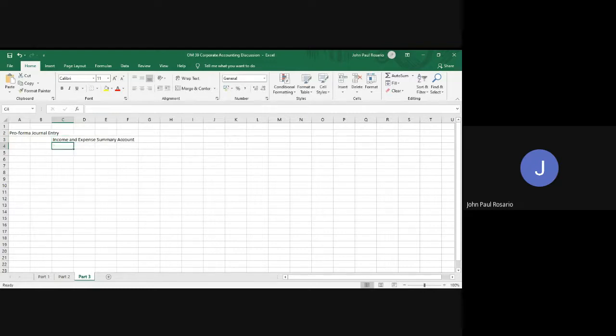Now, your income and expense summary account summarizes all of your income or revenue and expenses for the period. Now, to where do you credit this income and expense summary account? Remember that in your partnership, the income and expense summary account, when there is a profit, is debited and it's credited to partnership capital, right? Now, in corporation, we have share capital, right?